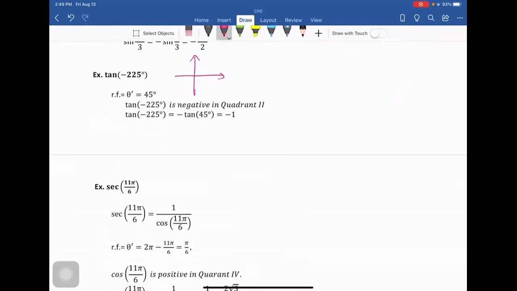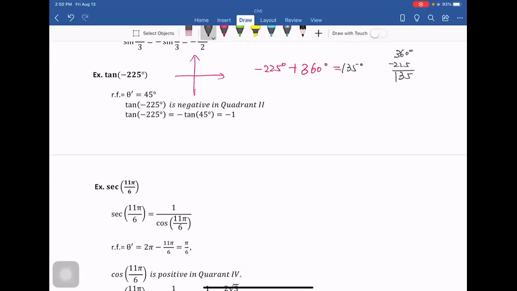That means I use negative 225 plus 360. 360 subtract 225 is 135.